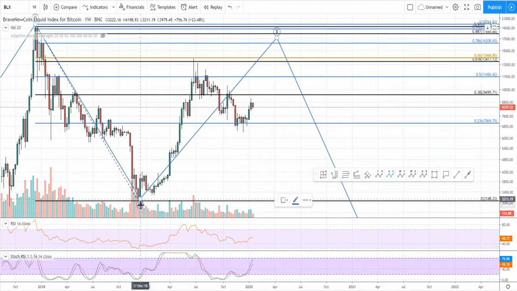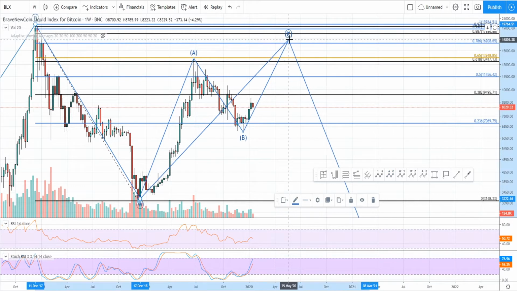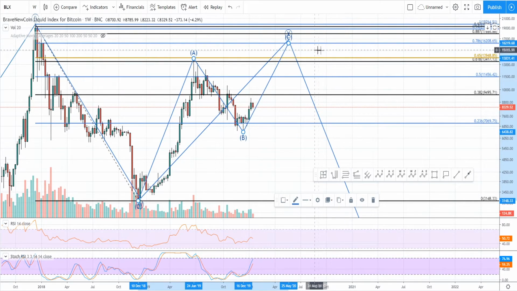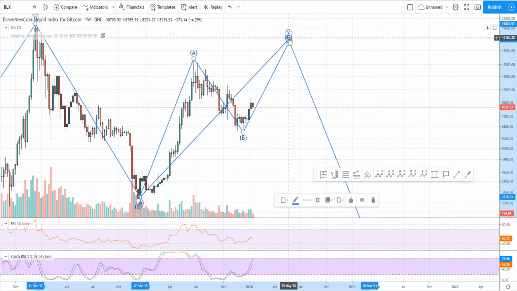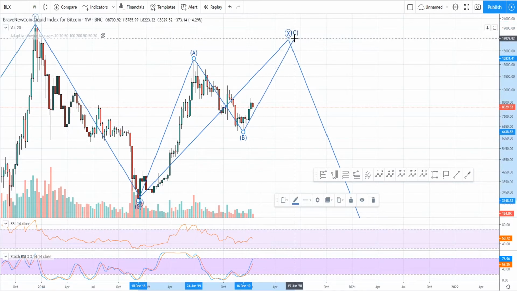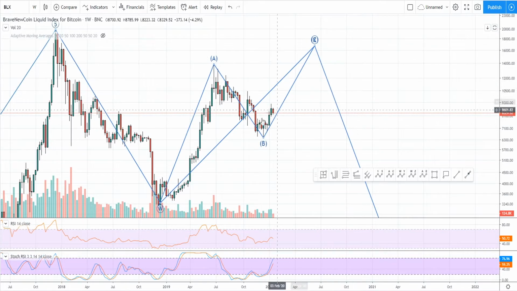So let me redraw the ABC again: A, B, C. I don't know how long it will take, something like this probably. My target for wave C is actually the 0.786, which is around the 16,000 level, and I have some other fib relationships that all indicate this might be a very significant resistance level.